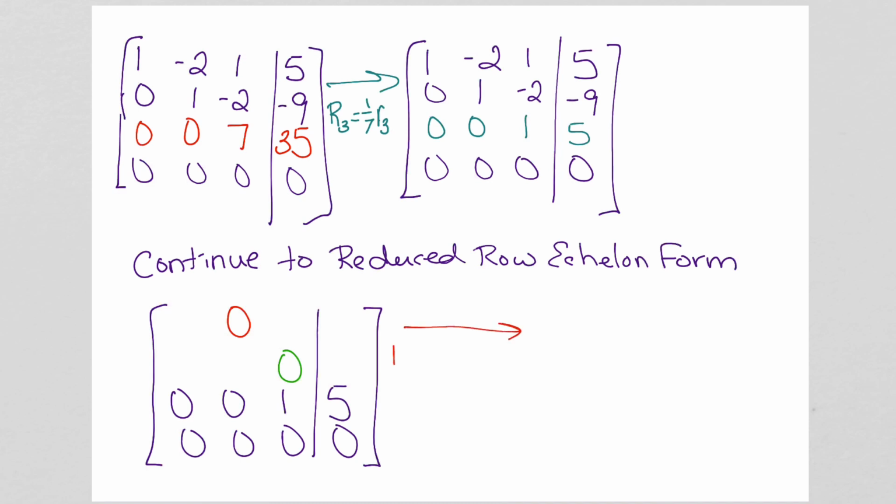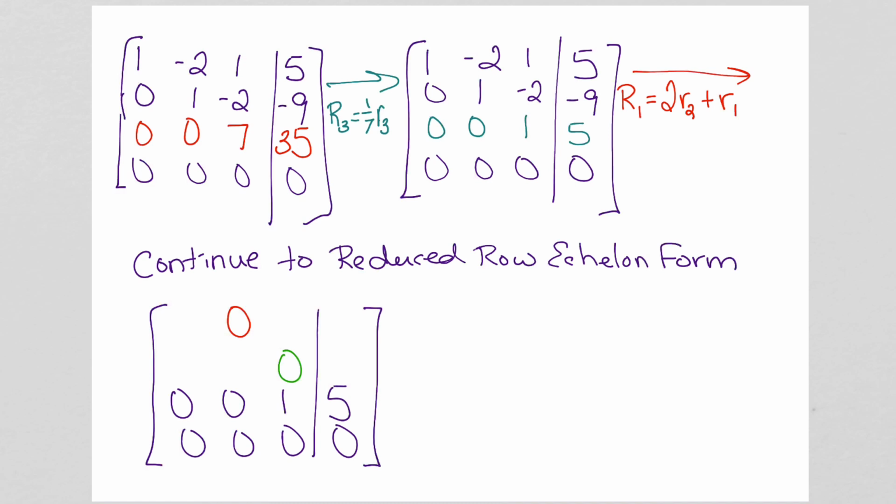So in row 1, we need to get that second spot to be a 0. So we've got to change the -2 to a 0, so that'll be to add 2. So 2 times row 2, add it to row 1, that'll give us a 0 there. Oh, this is supposed to be up there.